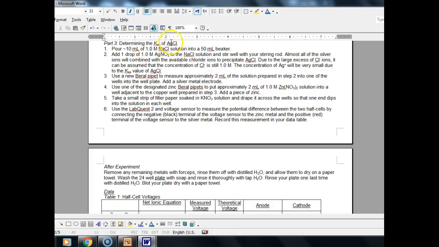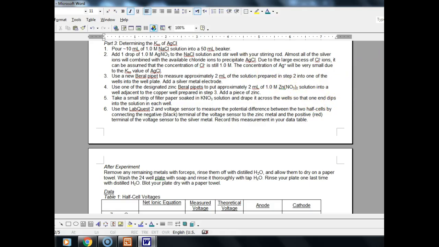We have to figure out what the concentration of the silver ions is in order to calculate the KSP. And we're going to use the Nernst equation and the voltage that we recorded to help determine what that silver concentration was, similar to what we did in part 2.